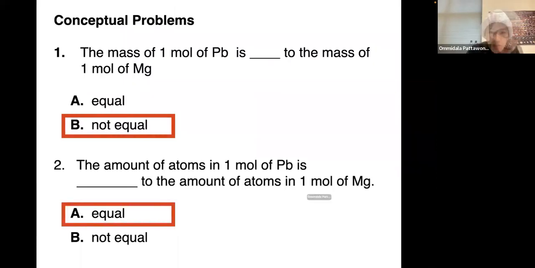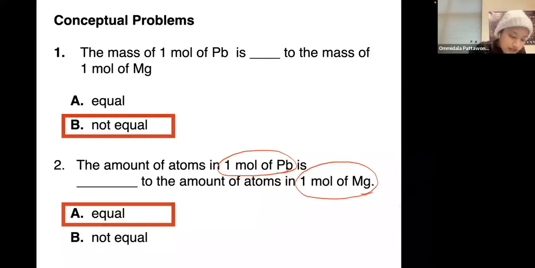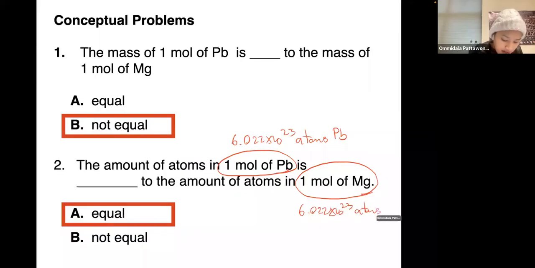The answer is yes, because 1 mole of lead is going to have the same number of atoms as 1 mole of magnesium. 1 mole contains 6.022 times 10 to the 23 atoms of lead, and for magnesium it would be the same, 6.022 times 10 to the 23 atoms of magnesium. Remember, each atom of lead and each atom of magnesium weighs differently in amu. Therefore, the mass in grams is going to weigh differently as well. That's why the mass will not be equal, but the number of atoms will be the same.